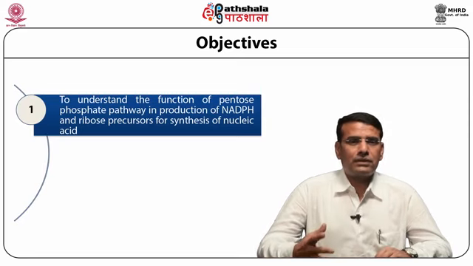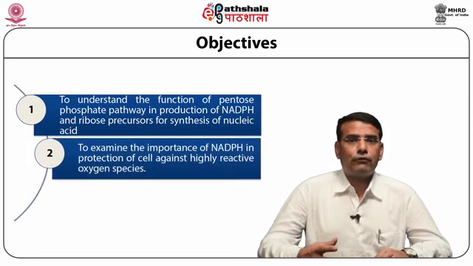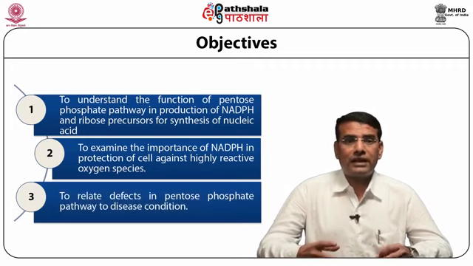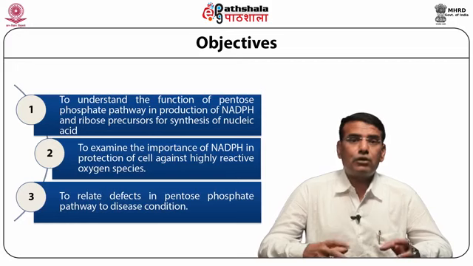We will also try to understand the importance of NADPH in protection of cell against highly reactive oxygen species, and we will also try to relate defect in pentose phosphate pathway to disease condition.